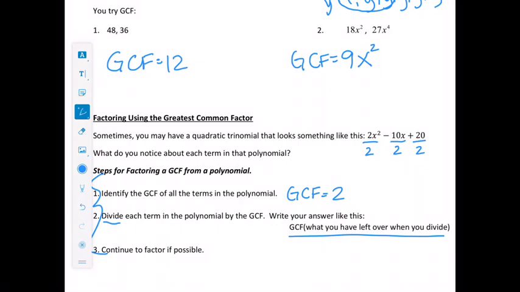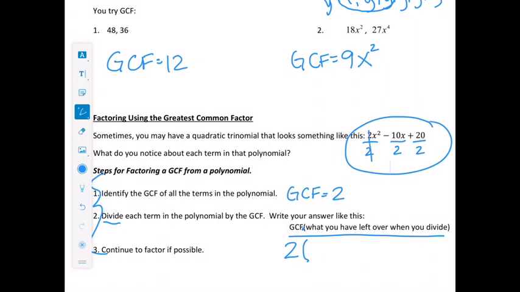We're going to write the GCF out in front times whatever we have left over when we divide. So our GCF was 2. I'm going to write that out in front, and then I'm going to write a parentheses. In this parentheses, I am going to divide, like what we wrote up here. So what is 2x squared divided by 2? 2 divided by 2 is 1, right?